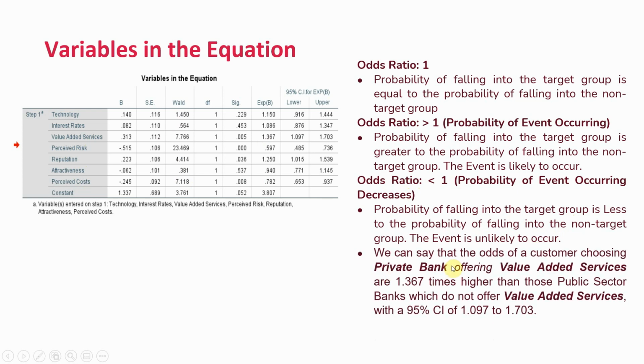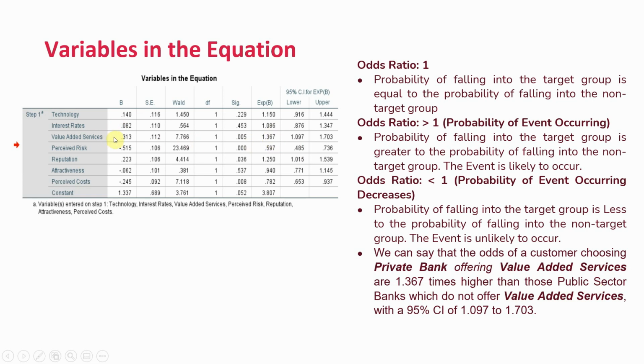Now, we can say that odds of choosing private bank offering value-added services are 1.367 times higher than public sector banks. So for private sector banks offering value-added services, the odds of people selecting private sector banks over public sector banks increase by 1.367.